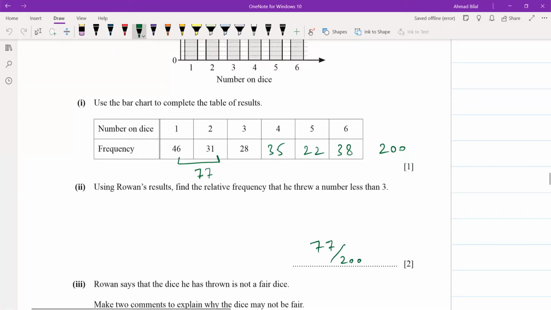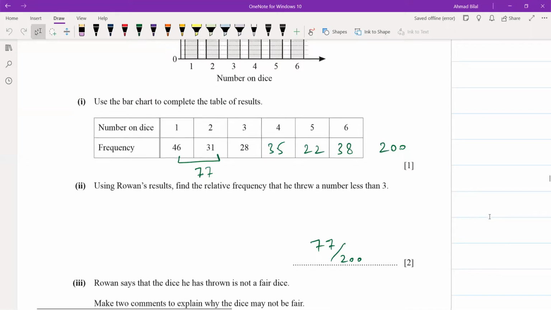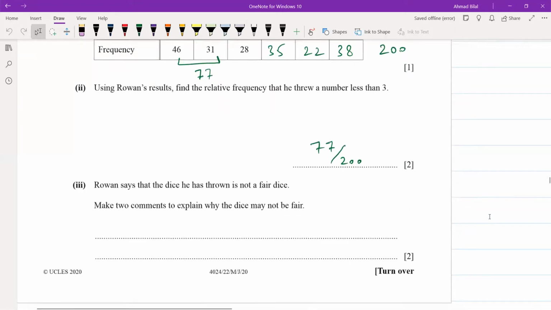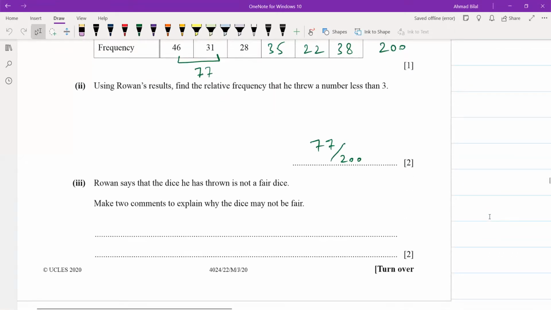All right. Now, Rowan says that the dice he has thrown is not a fair dice. Achha. Make 2 comments to explain why the dice may not be fair. Okay. So why would this not be fair?